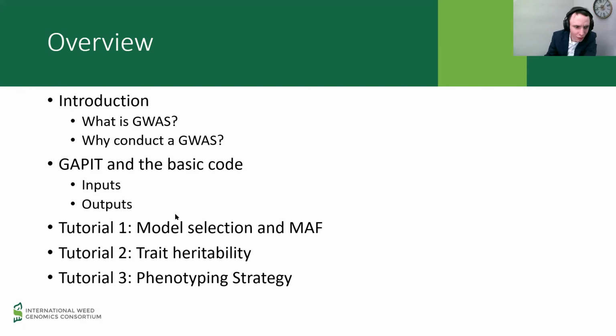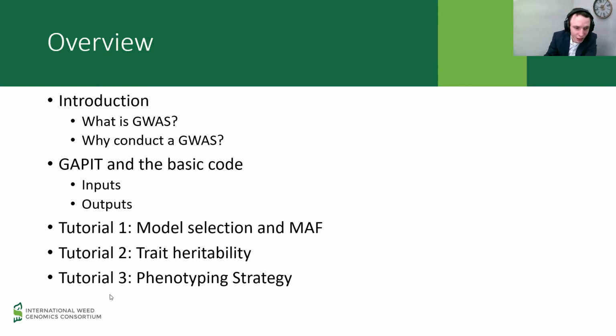So a quick overview of this presentation. First, I'll do some introductions of the topic and why we should conduct GWAS and when we shouldn't, as well as discuss GAPIT, which is the program that I typically use for conducting these statistical approaches. What are the inputs? What are the outputs?